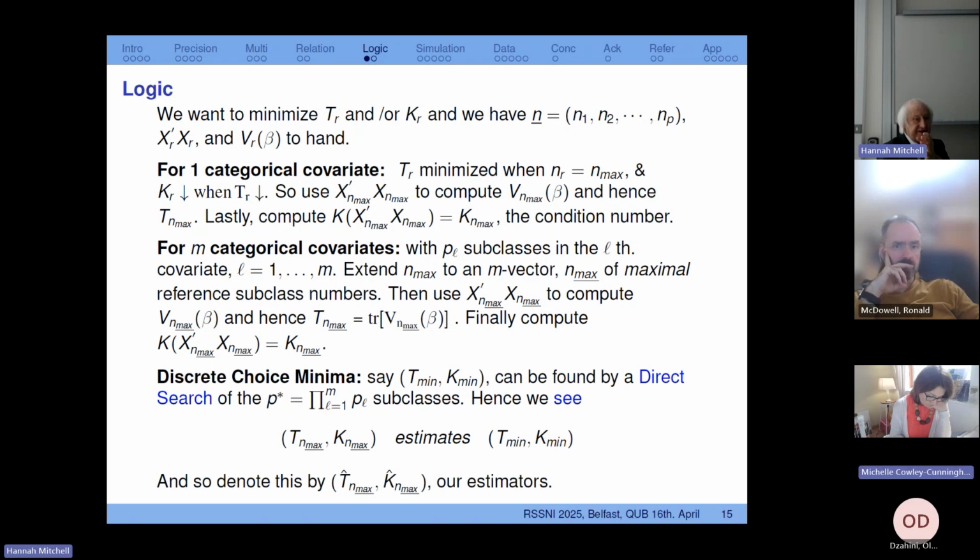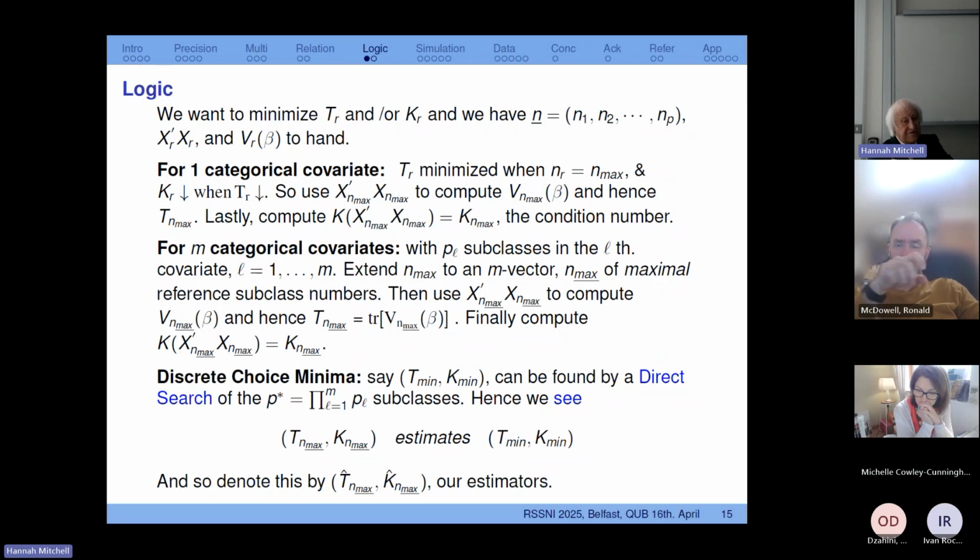And we have seen in this case that KR goes down when TR goes down. So using just those two pieces of information, we picked the cross product matrix using the subclass with the most observations. We compute V, the variance-covariance matrix at that point, and we compute, of course, the total variance similarly. And lastly, we compute the condition number.